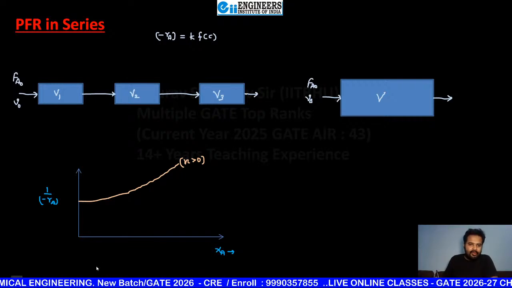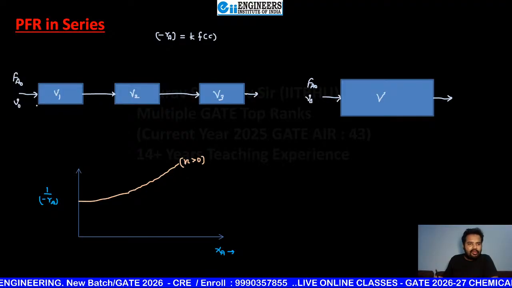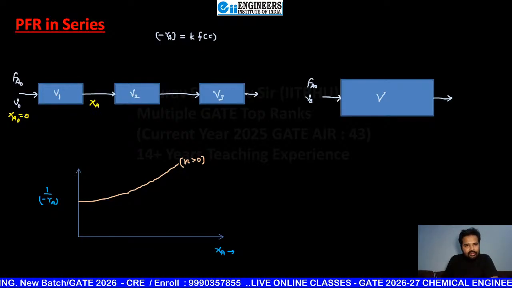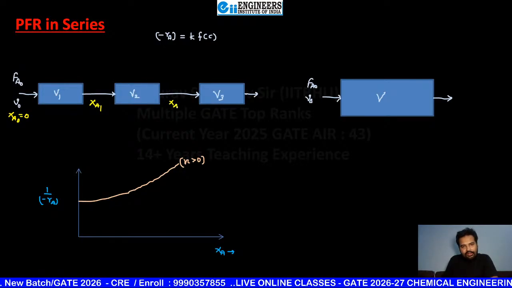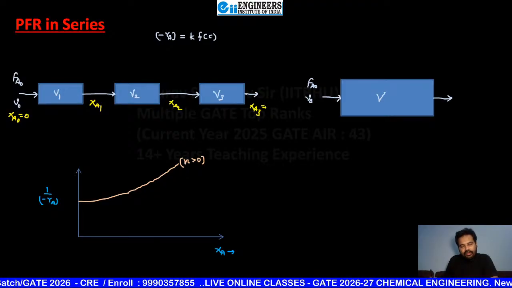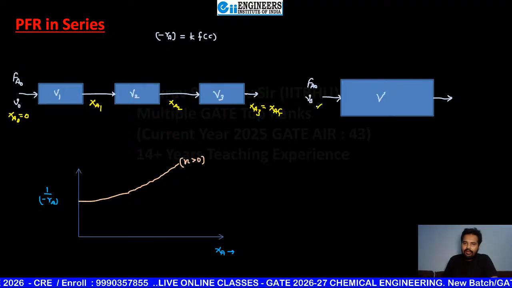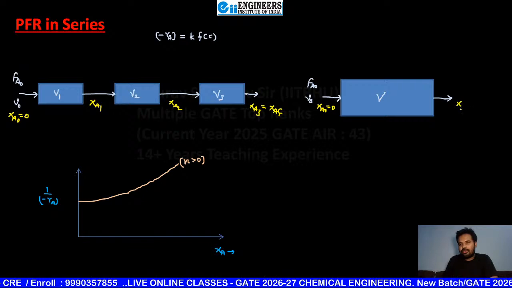Okay, now see the first case. Clearly here, initially suppose the feed is not converted, so XA0 I am taking as 0, and here the conversion is XA1, here the conversion is XA2, and here the conversion is XA3. That XA3 is the final conversion that we are getting from 3 PFRs in series. And in the other case, XA0 is 0, and the final conversion we are getting just by using 1 CSTR.